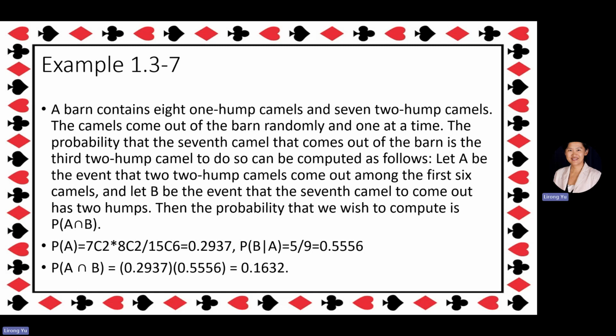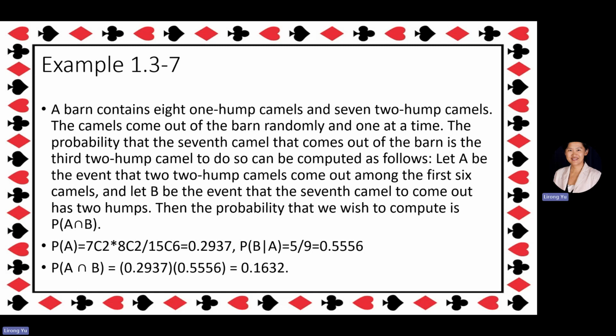So among the first 6 camels, you have to have 2 2-hump camels. And then all we have to have is the 7th one to be a 2-hump camel. And that's why we separate them.